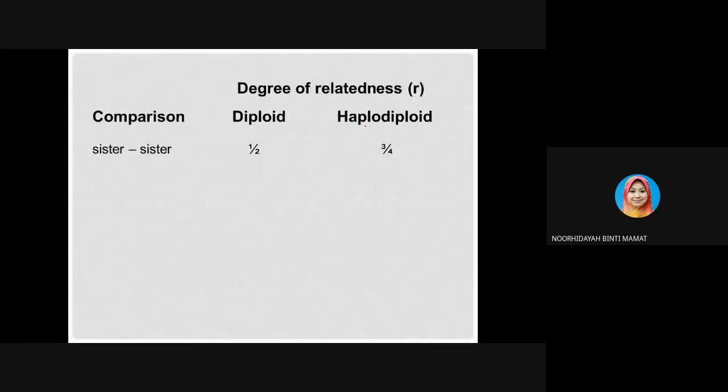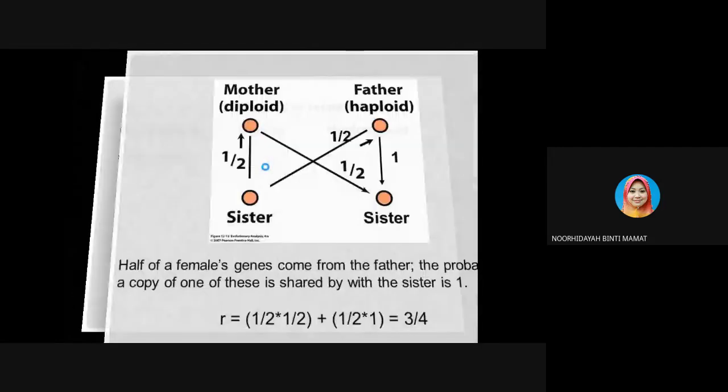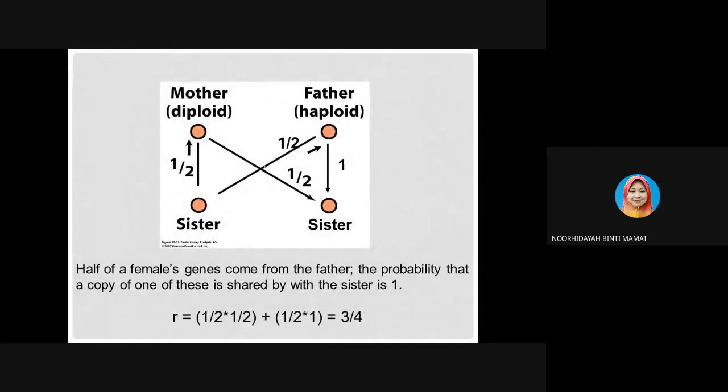So in the haplodiploidy system, in the sister-sister comparison, the degree of relatedness is three quarters. Half of the female's genes come from the father, and the probability that a copy of one of these is shared with the sister is one.